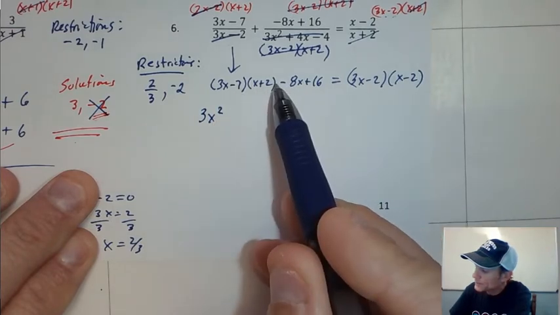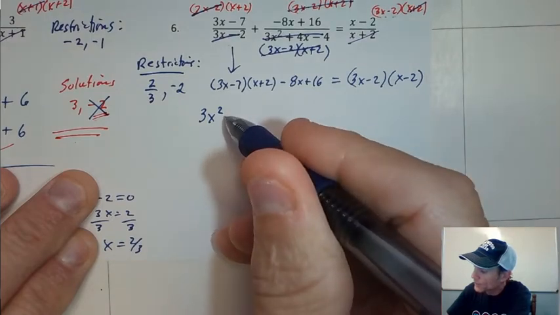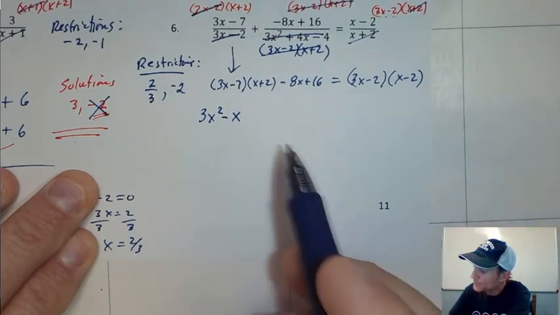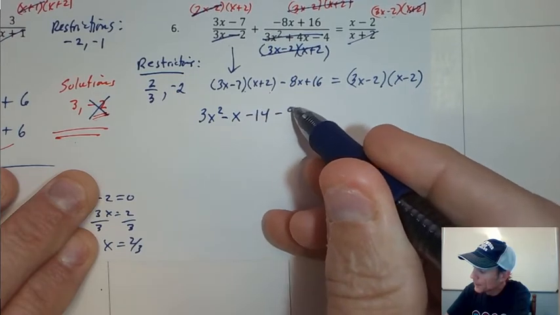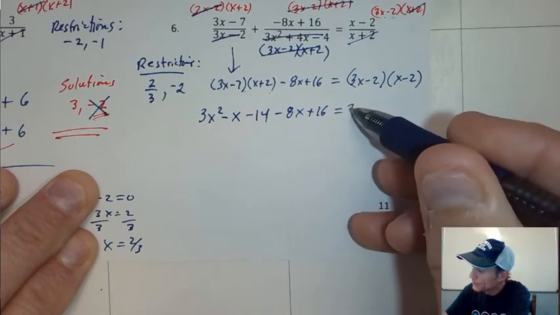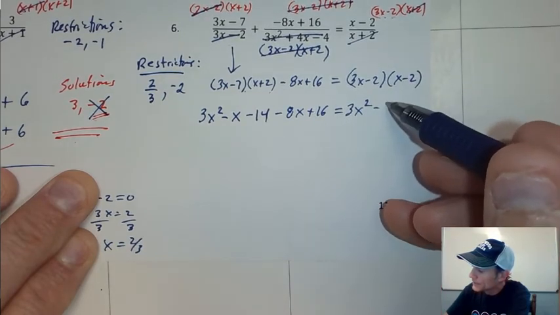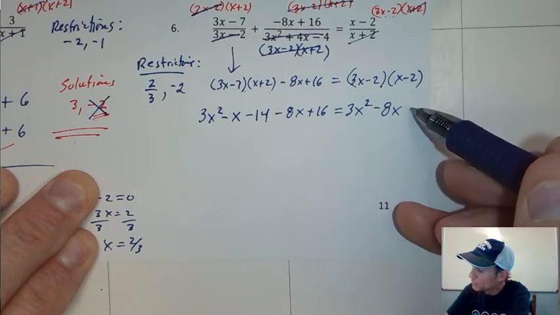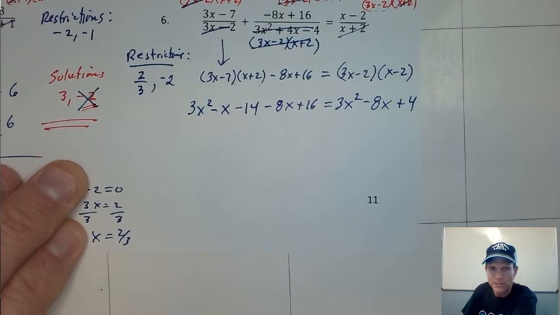Outside is 6x, inside negative x, 7x, so I have negative x, and then negative 14. Copy down my minus 8x plus 16. Here I get 3x squared minus 8x plus 4. See, it's quite a big mess here.